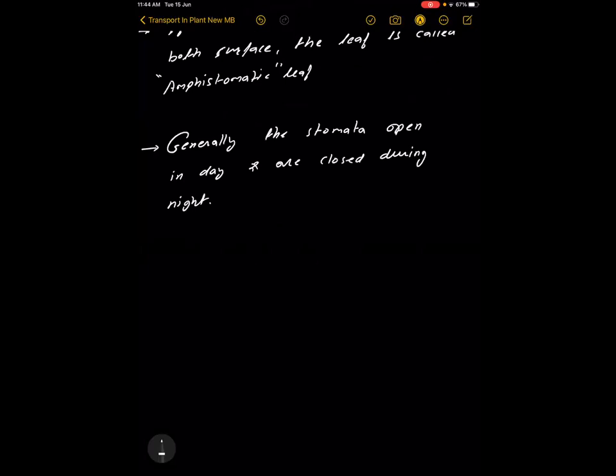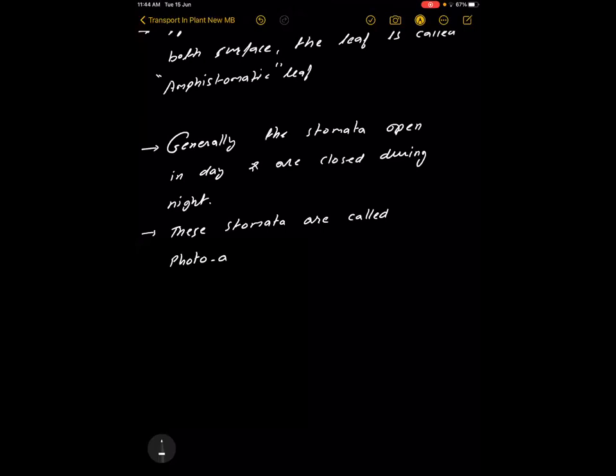These stomata are called photoactive stomata. In presence of light, they are active.